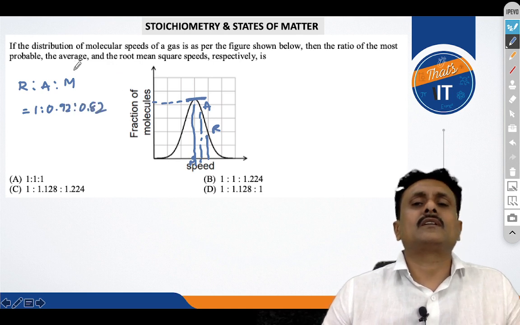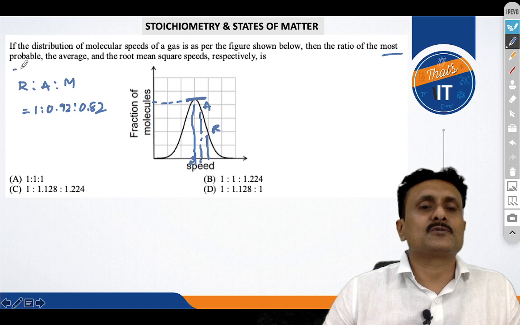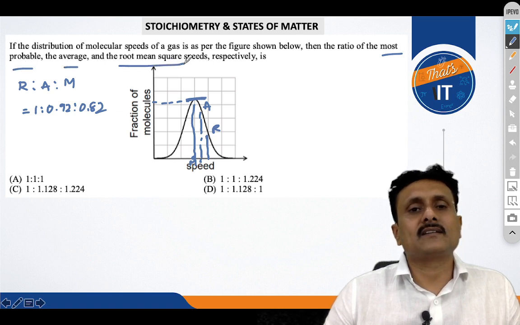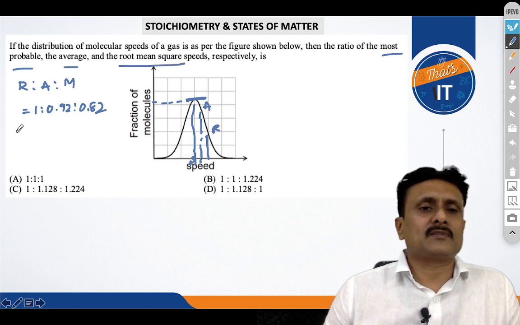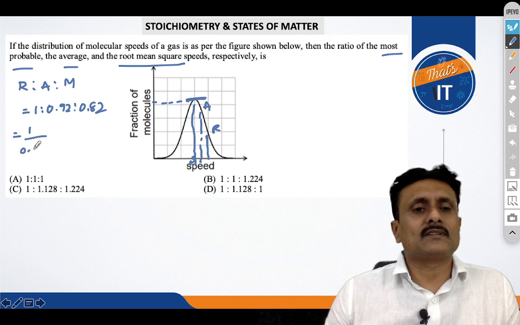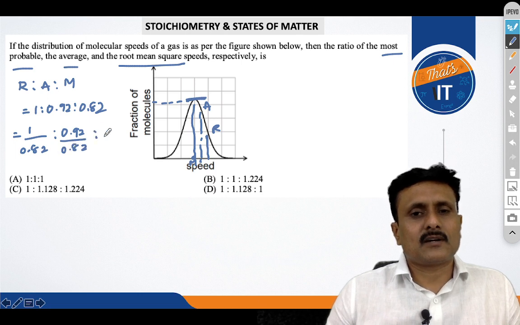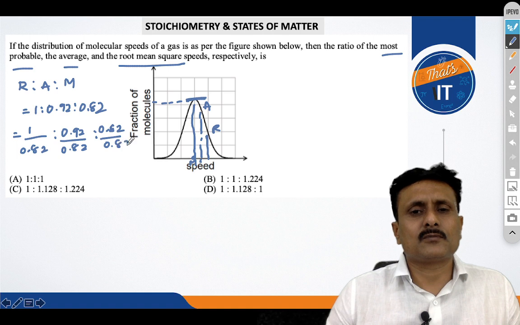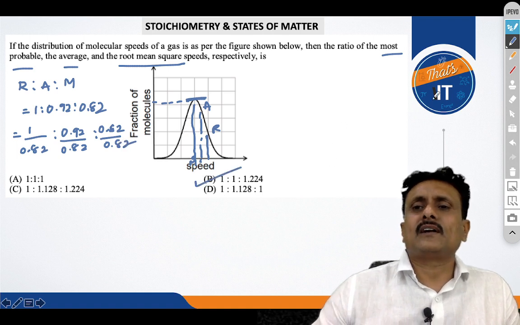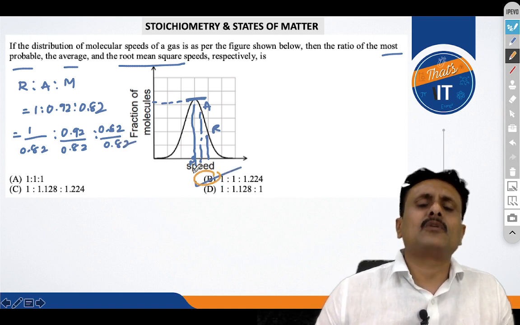Here the reverse of that is asked: RMS, average and most probable. That means I'm going to divide the whole thing by this, 0.82 by 0.82. So the answer seems to be option B, and I want you to check it out.